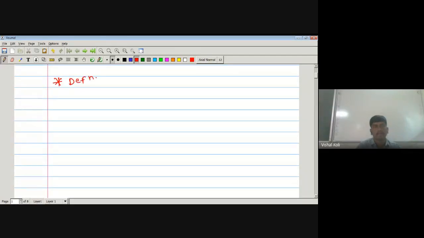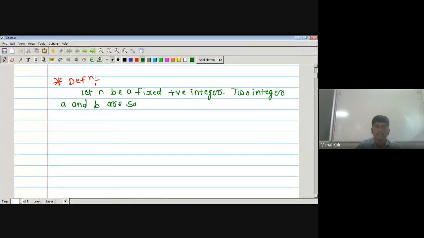Let n be a fixed positive integer. Two integers a and b are said to be congruent modulo n if the integer n divides the difference of a and b.